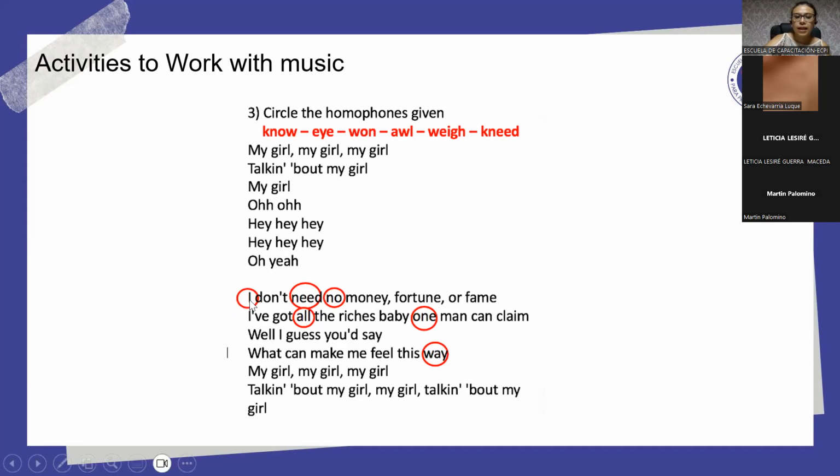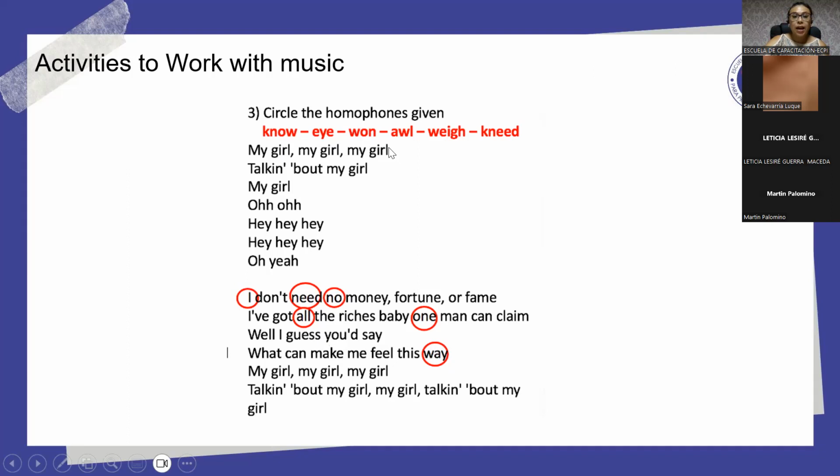And look at this. Here you have I, eye. For no, know, no money. For all. For way, a way. For need.